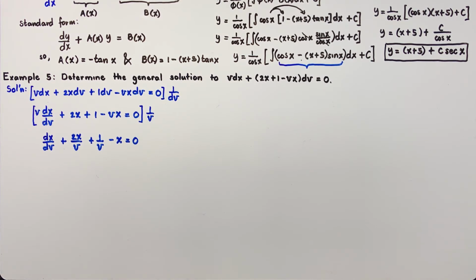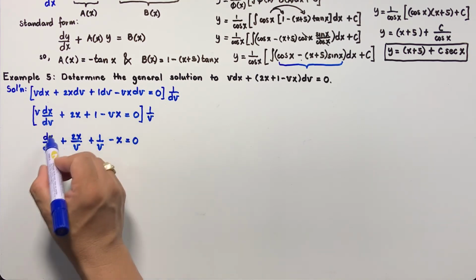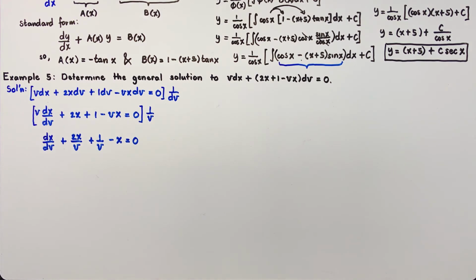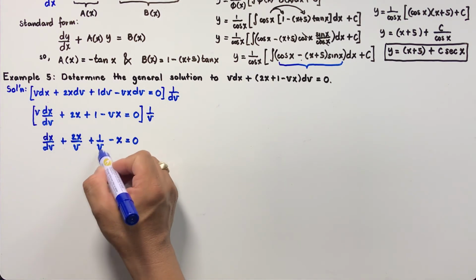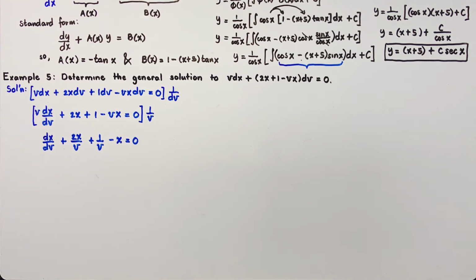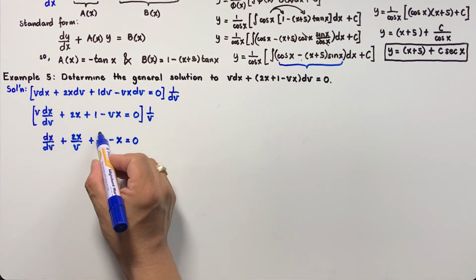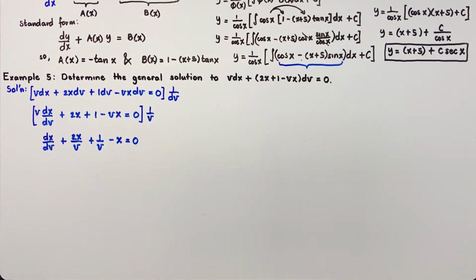So this is first order linear differential equation, which is linear in x. So we need to have terms that have coefficients of x aside from dx over dv here at the left side of the equation. So we move this 1 over v to the right hand side of the equation because this is the only term that has no x.